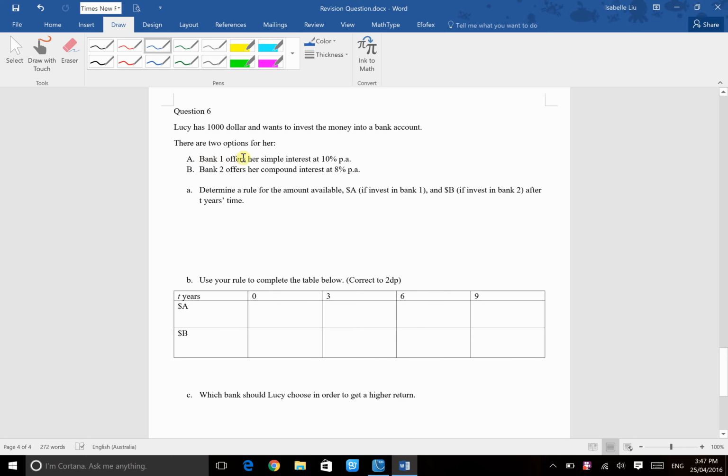First one, bank 1 offers her simple interest at 10% per annum. Bank 2 offers her compound interest at 8% per annum. Determine a rule for the available amount, $A if invested in bank 1 and $B if invested in bank 2, after T years time.